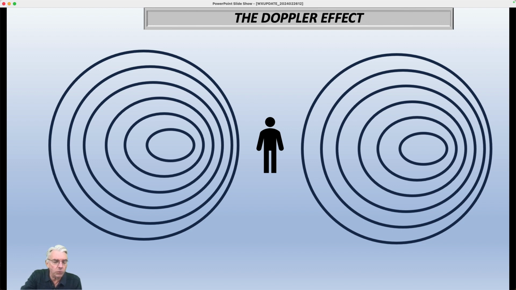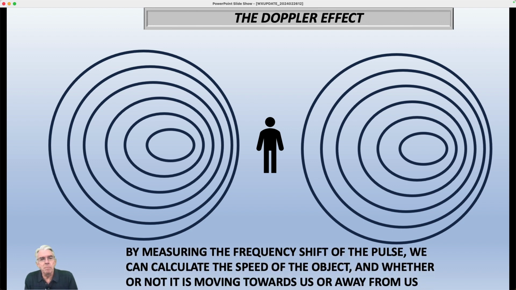So what happens here with regard to the weather is by measuring the shift in frequency of the pulse, we can calculate the speed of the object and whether or not it is moving toward us or away from us, okay? In this case, the source of the sound was moving toward us, and then once it went on by us, then it was moving away from us, okay?